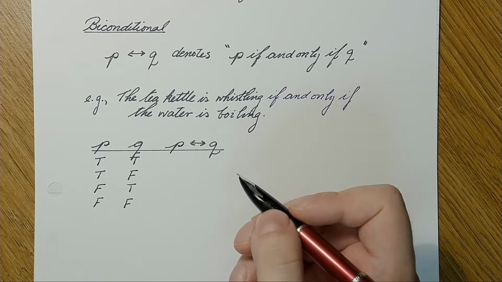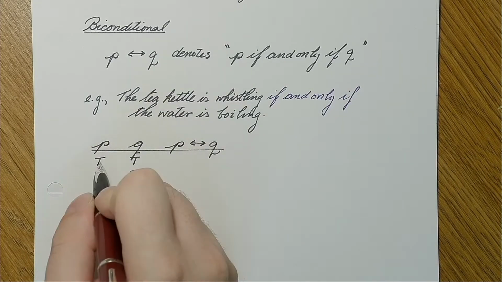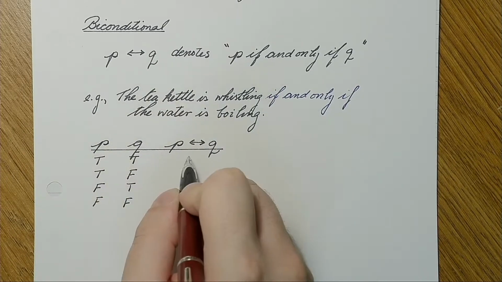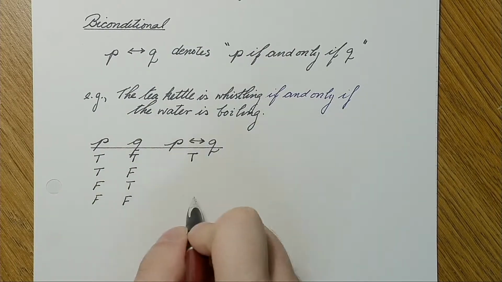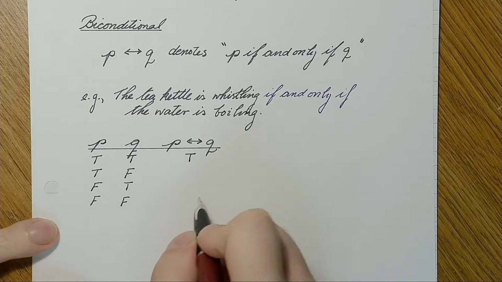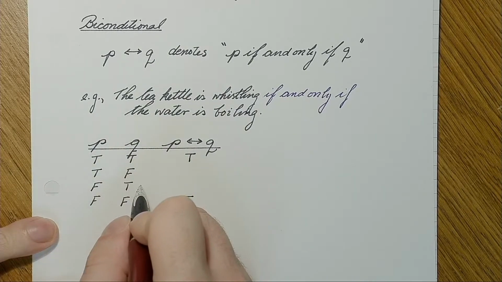Okay, so again, it must have the same truth value to be true. So in this case, this is the same truth value, true and true, so this is true. This is the one where it's got the same truth value, so that's false and false, so that makes this true. And these cases are where they don't match.